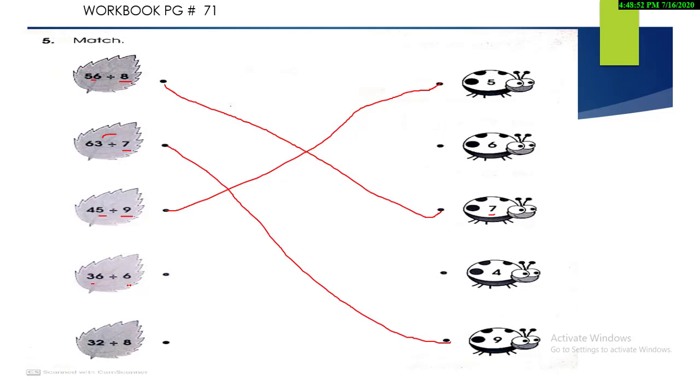So let's do it. I know the answer. Can you tell me? Yes, 6 sixes are 36. This is very easy.